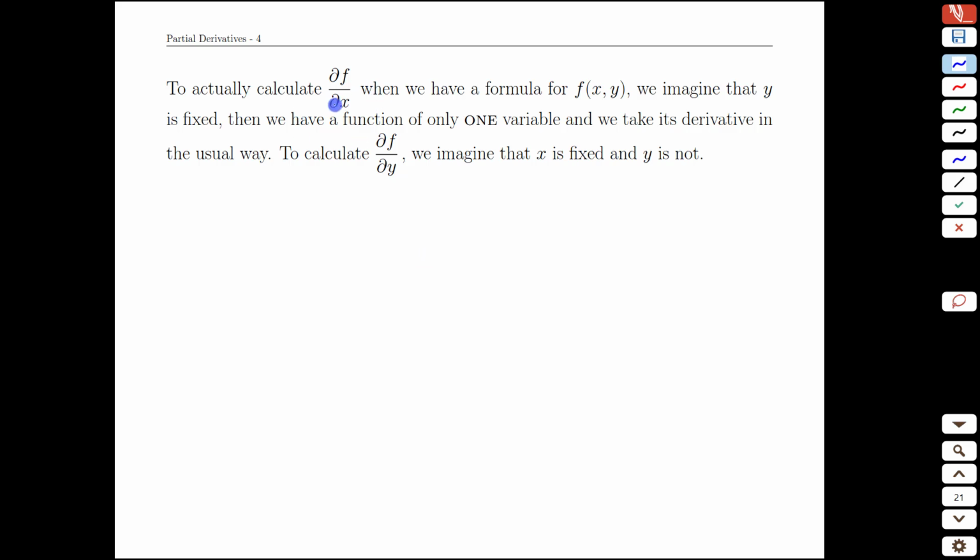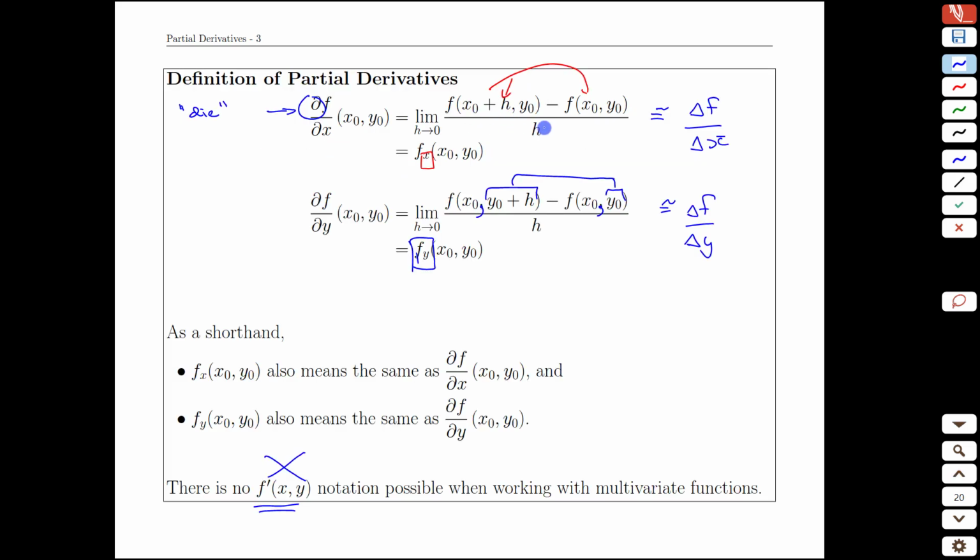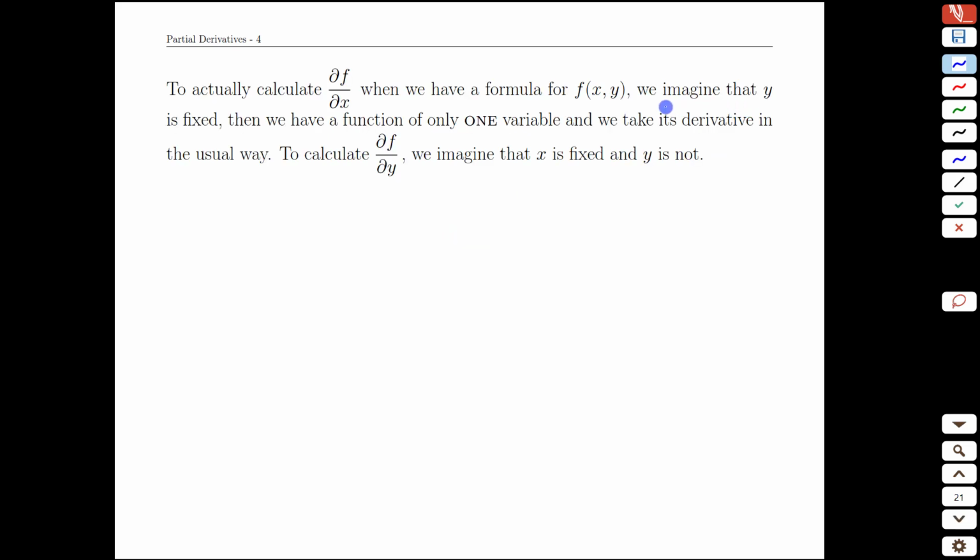Now, how do we do the actual calculations? It seems at first glance like it might be a horrible process, but it turns out to be quite straightforward. The idea, again looking at the definition of these derivatives, is that we are going to change x if we are taking the partial of f with respect to x. We keep y as a constant. So literally, that's what we're going to do as we take the derivatives.